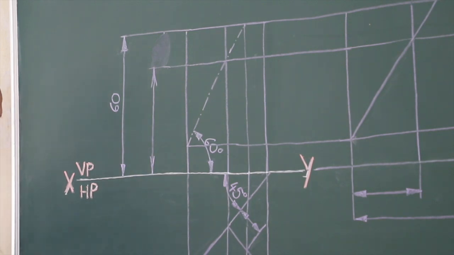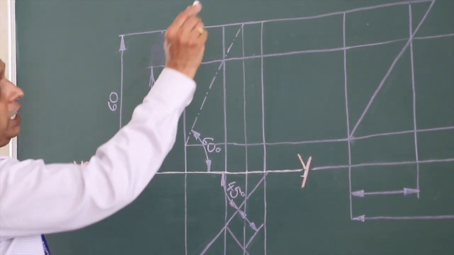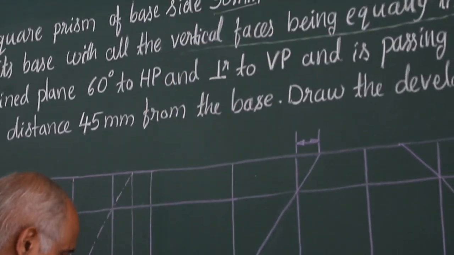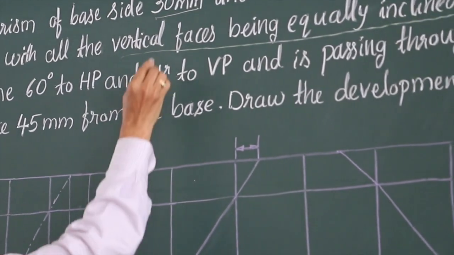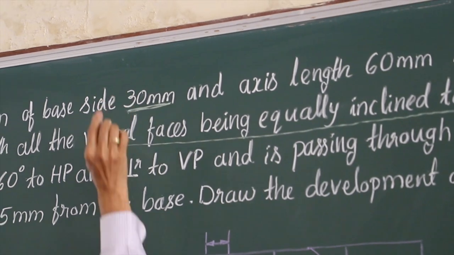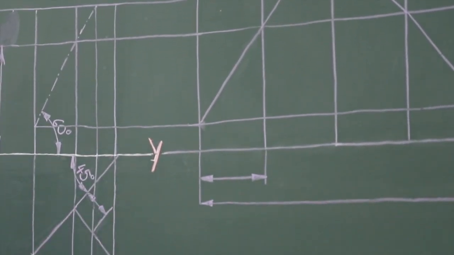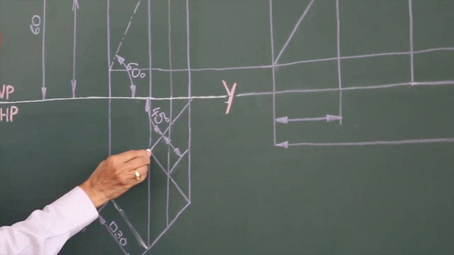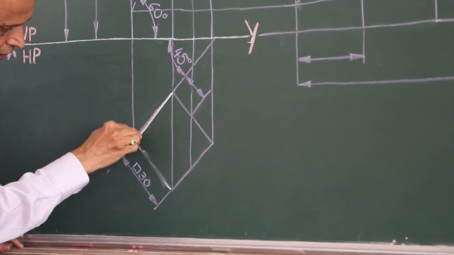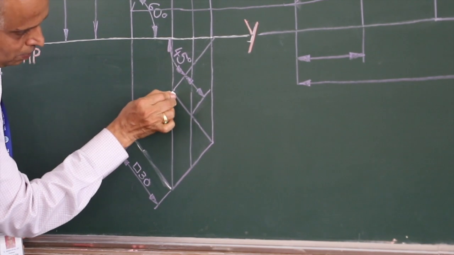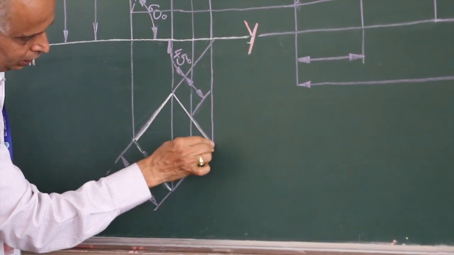Step 2 is to go to the top view, and here you need to draw the square prism of size 30 mm. So this is the point that you need to observe. Point number 2, it's a square prism of 30 mm side with the vertical faces equally inclined. Therefore, you draw the square prism in top view of size 30 mm. Remember, don't make it continuous thick.